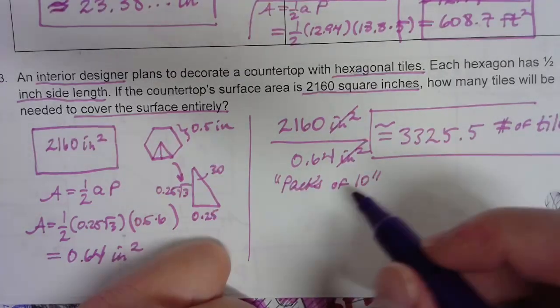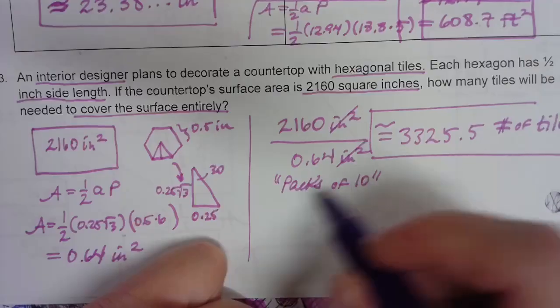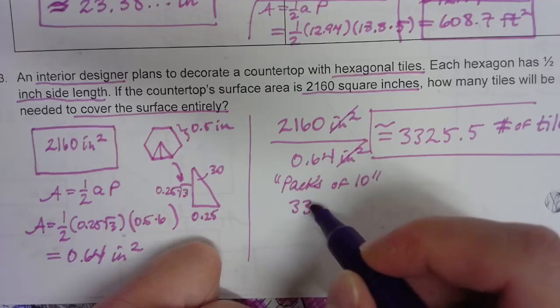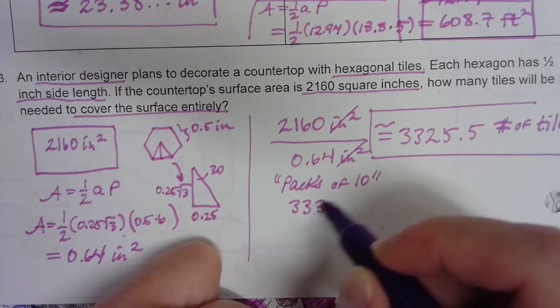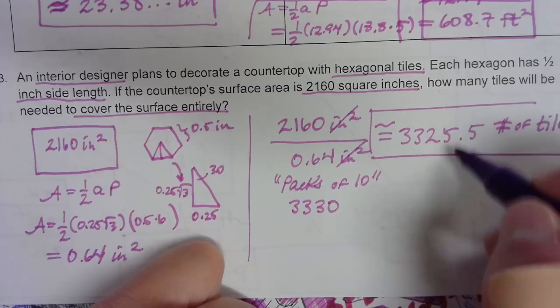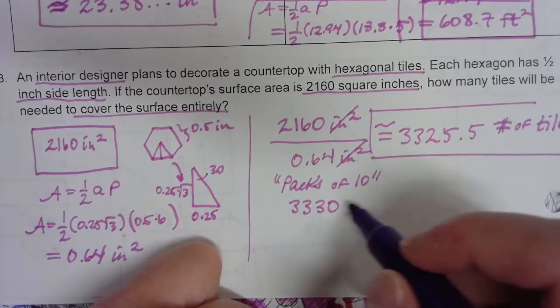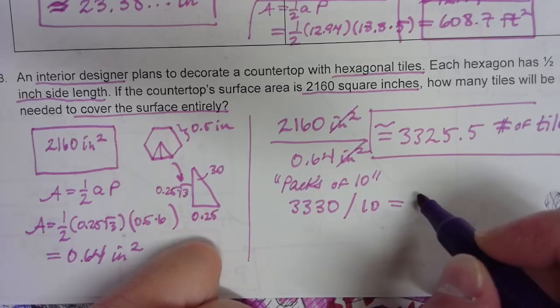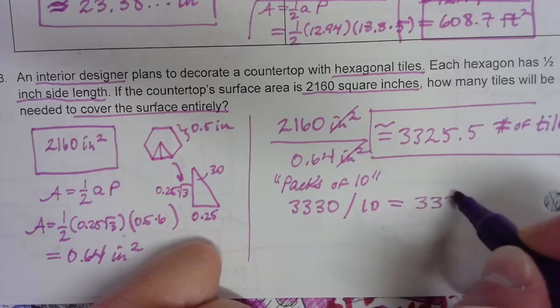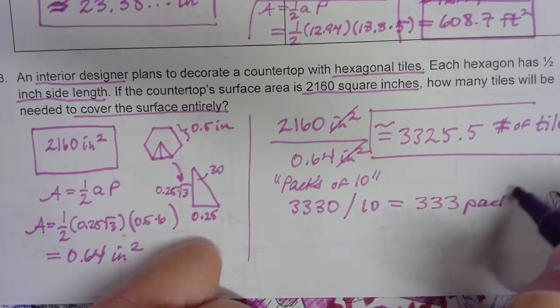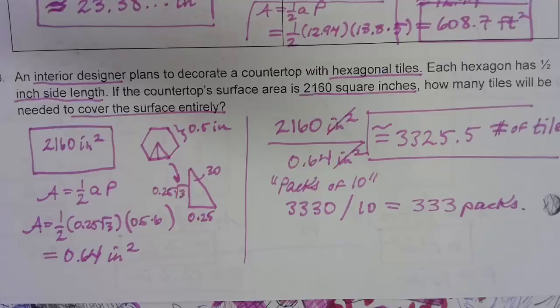Well, how many do you have to buy? You have to buy 3,330, because this rounds up, divided by 10, or 333 packs.